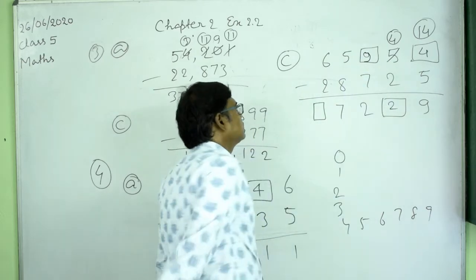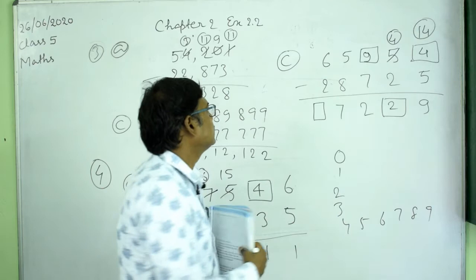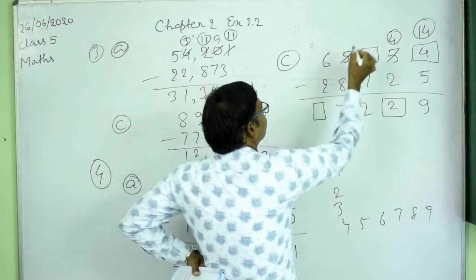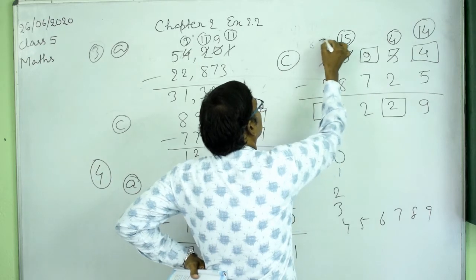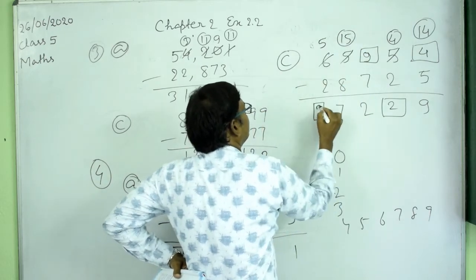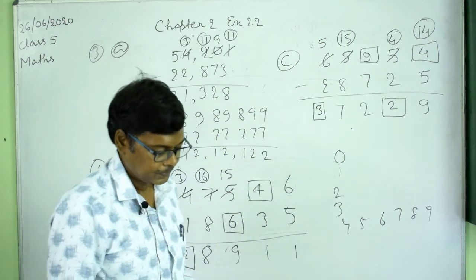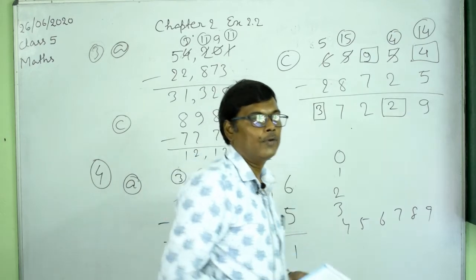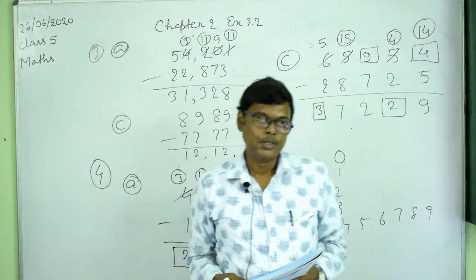So understood this. Next, now here we have 5 and then 8 here. So it means that you will have to borrow, that is, it is 15 here, and then here it will be 5. So 15 minus 8 is 7, and 5 minus 2 will be 3. So the answer is 3. So in this way you can find the missing digits in these types of questions.